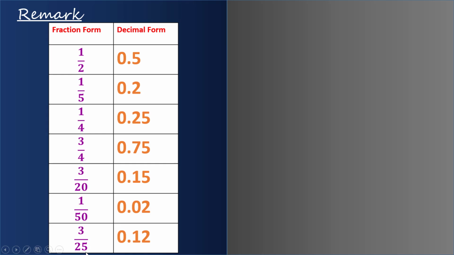And 3 over 25 we can multiply by 4, it will be 0.12. You can do the exercise by yourself here.